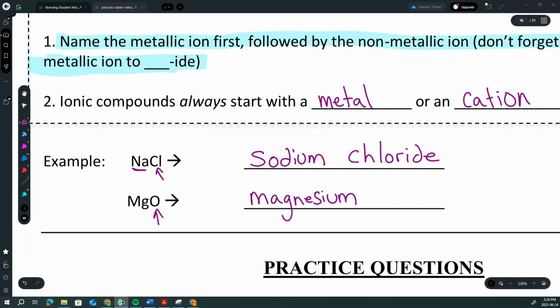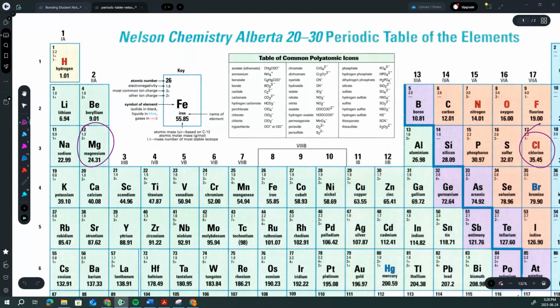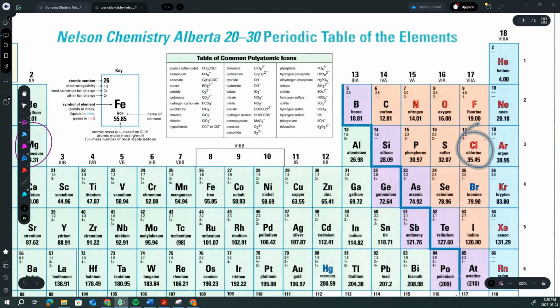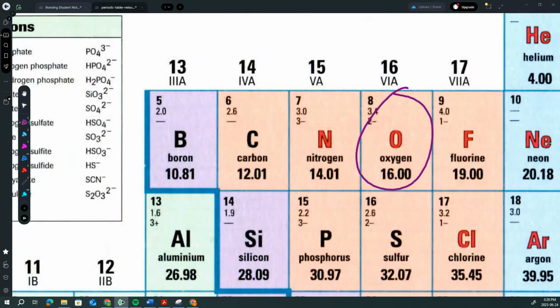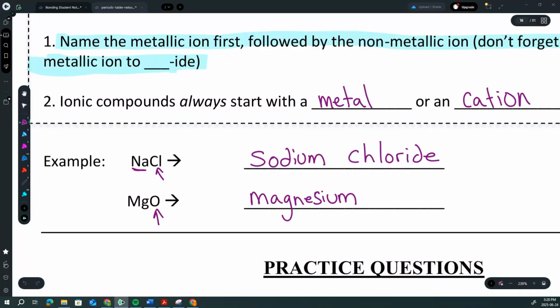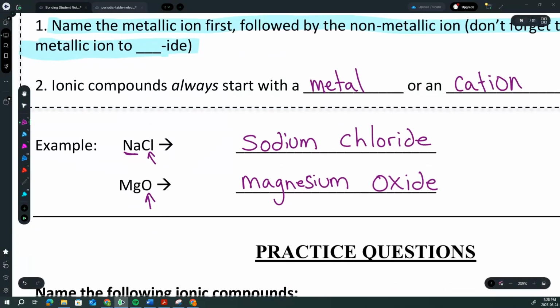And then O, if we look that up on our periodic table, is the symbol for oxygen. However, we can't just call it magnesium oxygen because it has to end in IDE. So this is going to turn into magnesium oxide. We're taking the ending of oxygen and switching it to IDE.